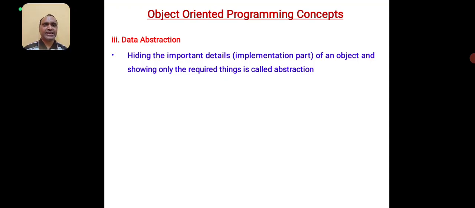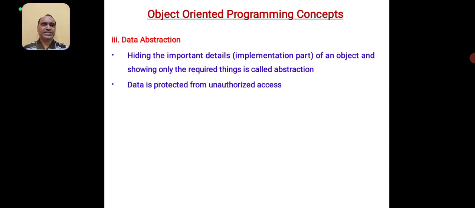Data abstraction is a concept where we hide the most important details of an object and provide only a little information about that object which is required by the user. We are not going to tell complete details about an object to the user because it is not required. Whatever is required about an object, only that information we provide, and the remaining important information we hide from the user. So this is called data abstraction.